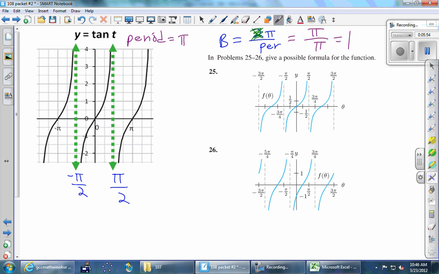So then the only other thing we might deal with is a vertical stretch or compression. And how are you supposed to know if it's been stretched or compressed? They all look exactly the same, right? Like 25 looks like 26, which looks like the graph on the left. Vertically, they just look the same. Okay, so here's definitely a tool that I did not arm you with last time. Tangent has a nice point that you should be aware of.